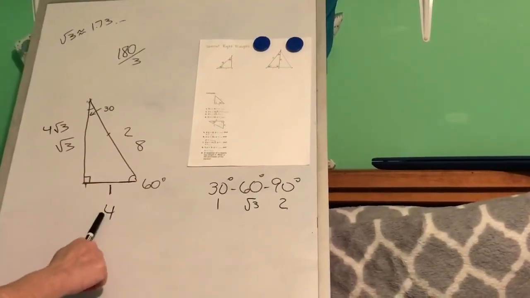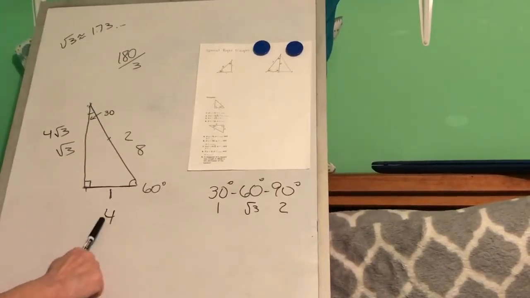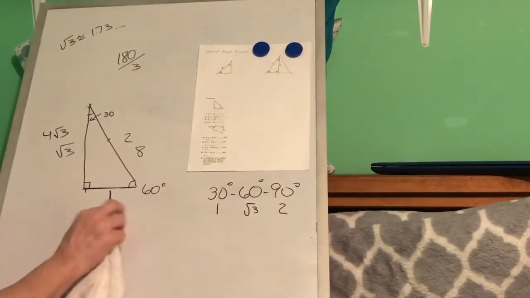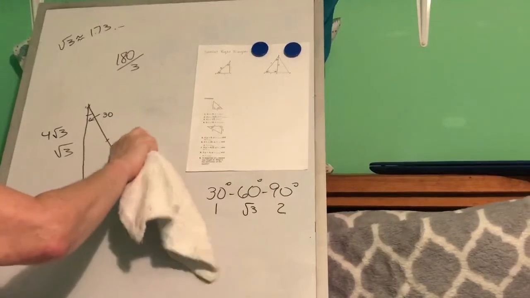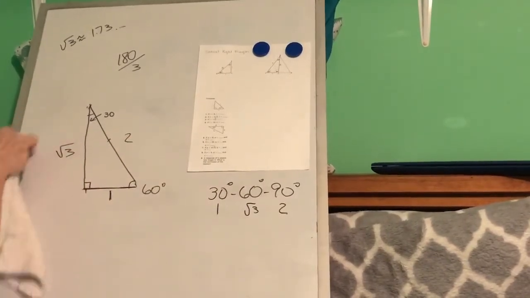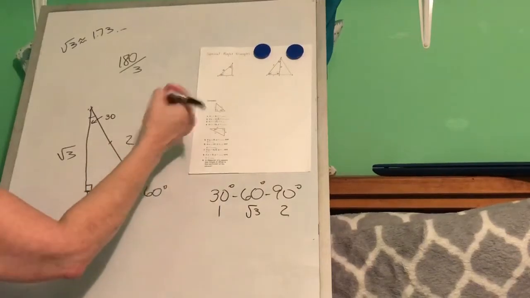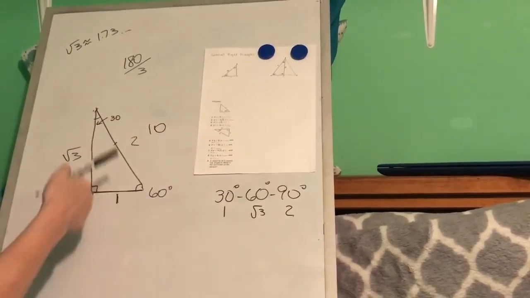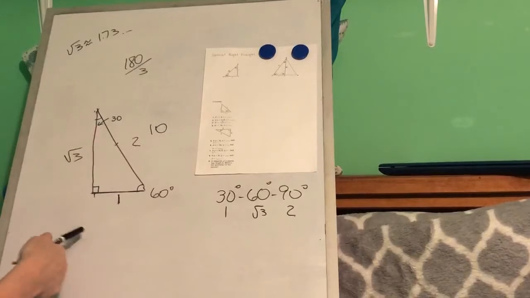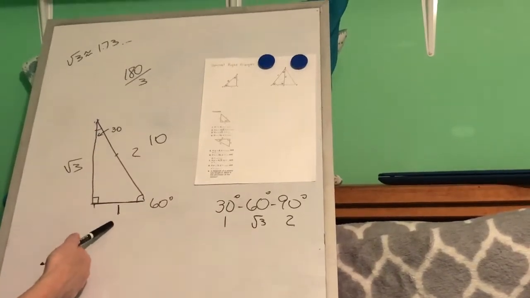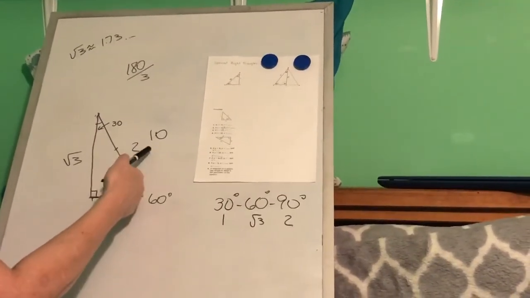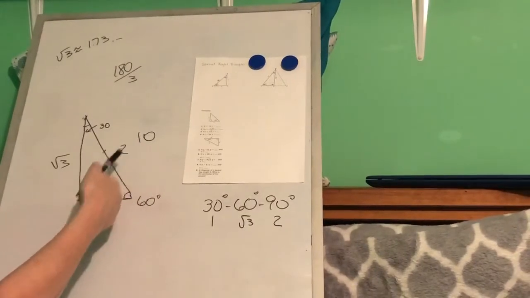Okay, so as long as I know the short leg first, it's very simple. Takes a few extra steps if we're given other information. For instance, if I know my hypotenuse first, and let's say it's 10, now we're dividing to find the short leg, because the hypotenuse is double the short leg.